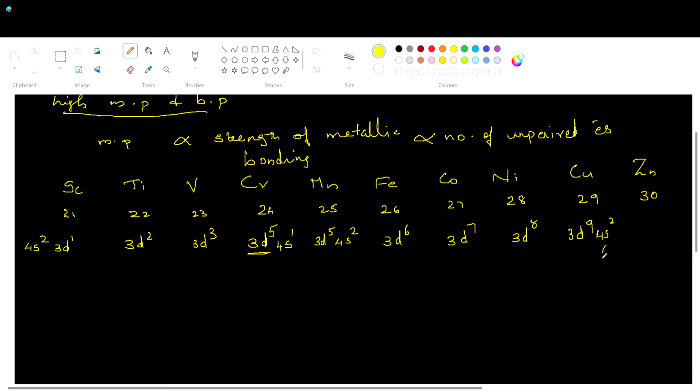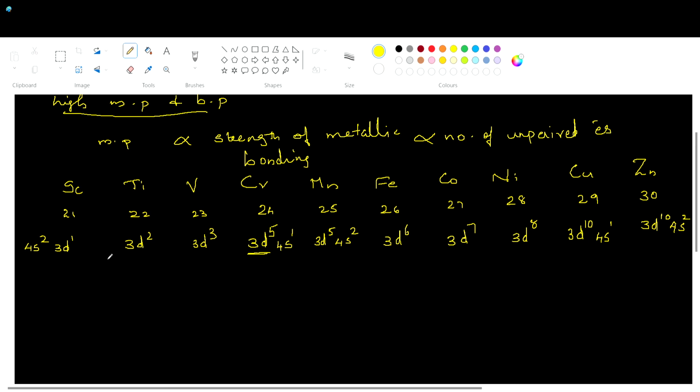One of the 4s electrons shifts to 3d, to attain the extra stability of the completely filled 3d10 configuration. So the actual configuration of copper is 3d10 4s1. Now zinc, 3d10 4s2 is the electronic configuration.